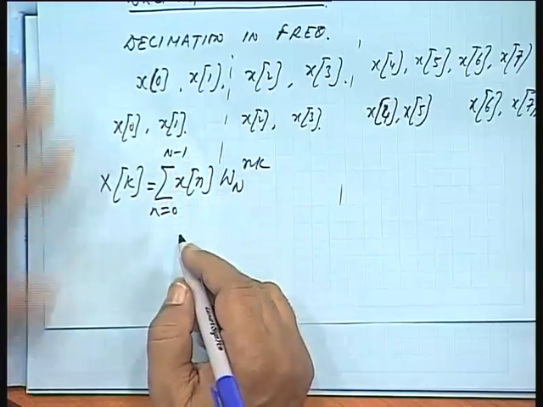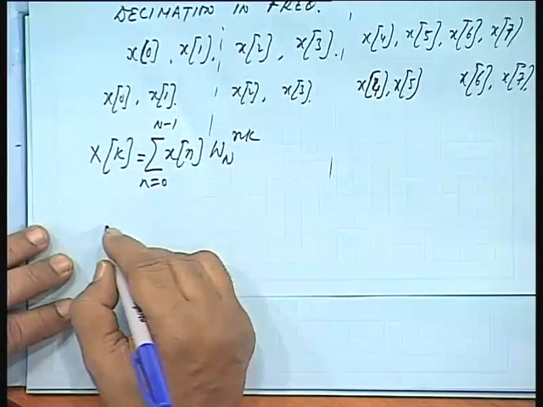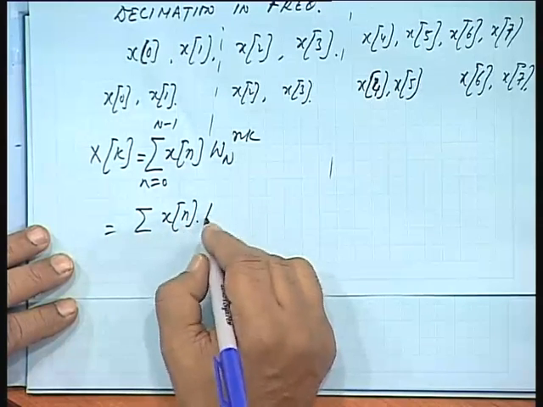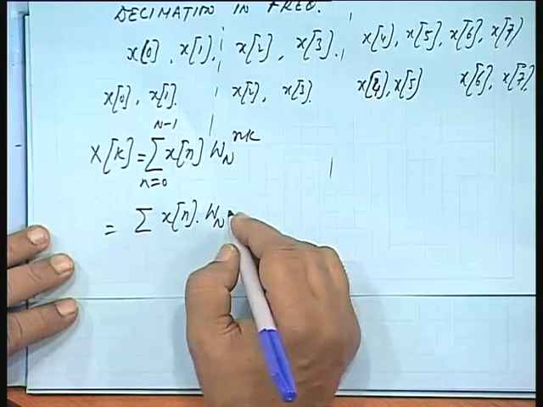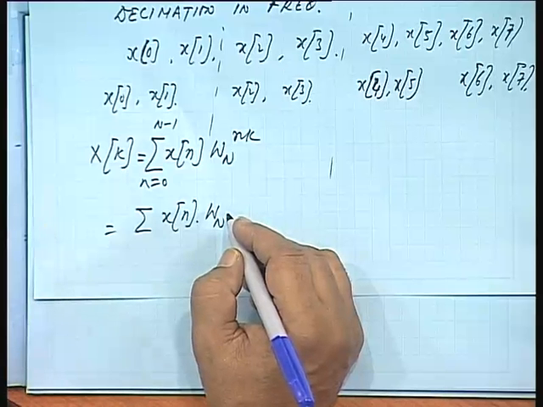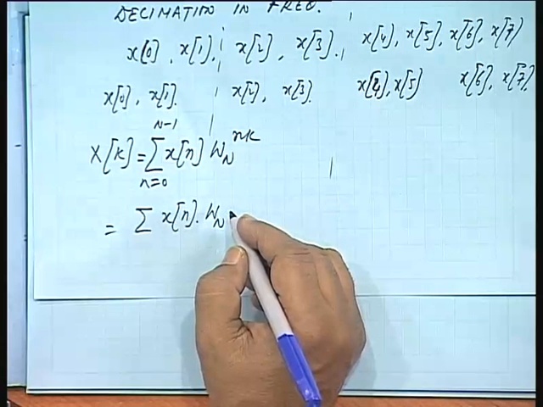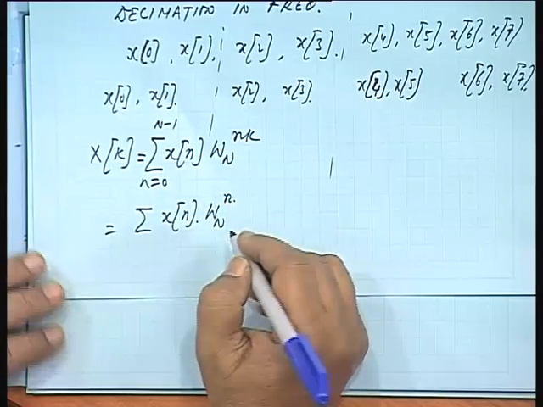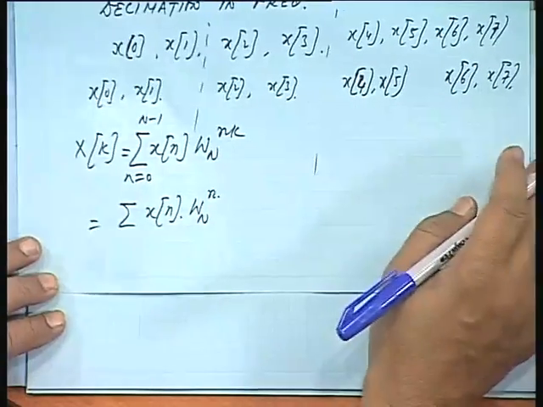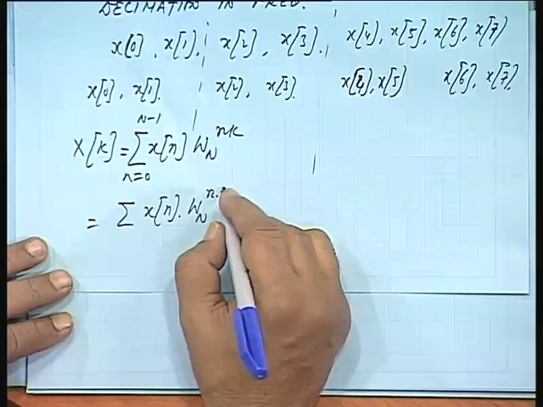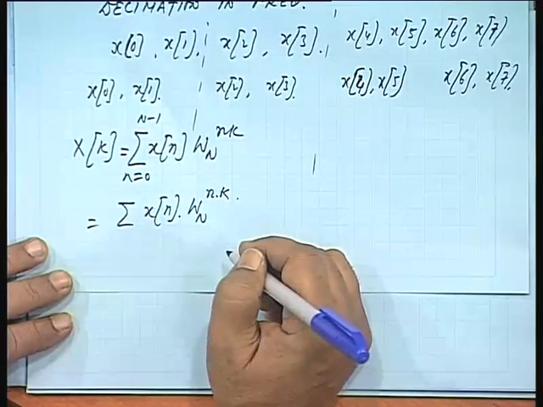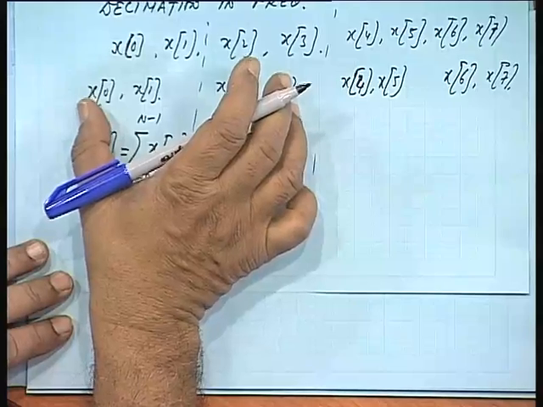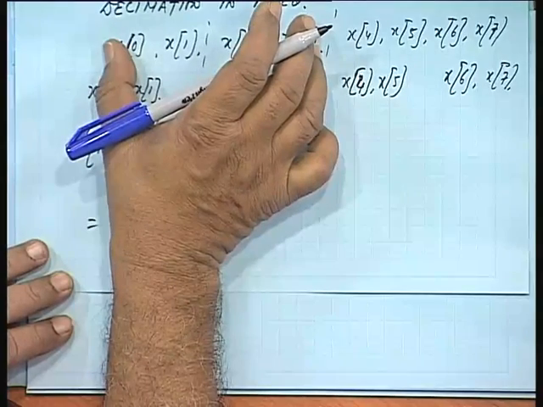So, if I take it in two halves, it will be x n W N n k, where n is now 0 to 3, the first 4 we are taking.